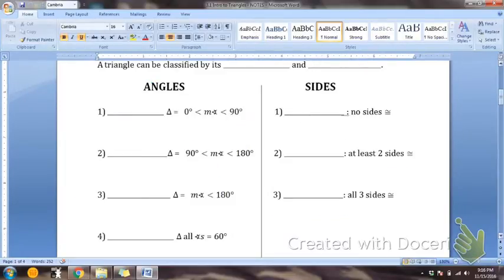All right, so let's go ahead and talk about classifying a triangle by its angles and its sides. So that's what we're going to write there. A triangle can be classified by its angles and its sides.